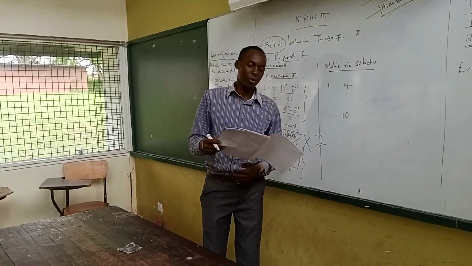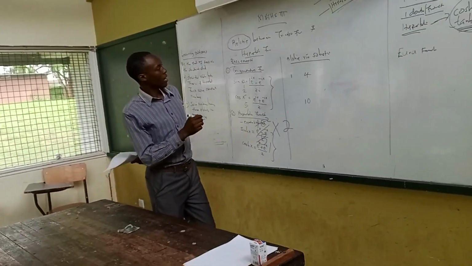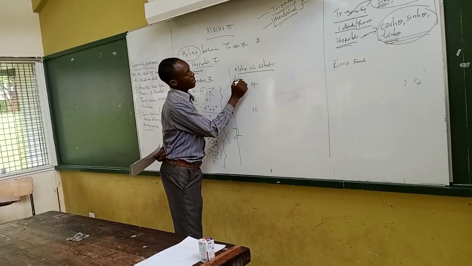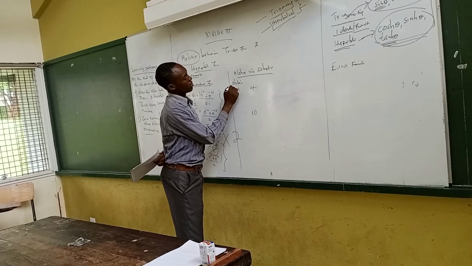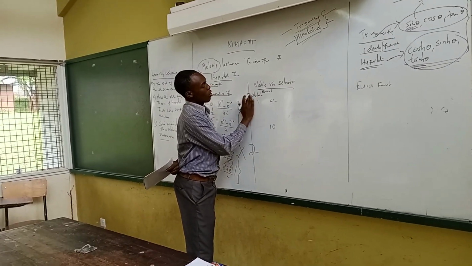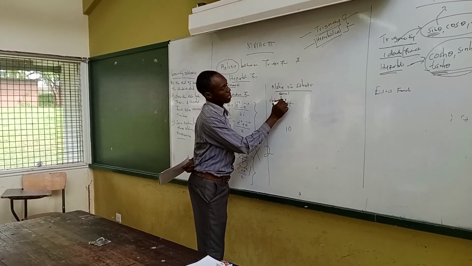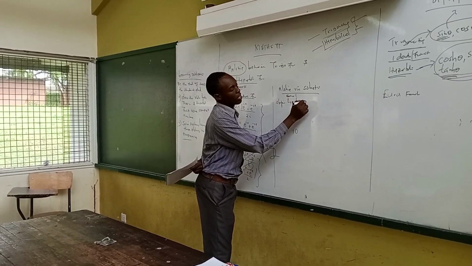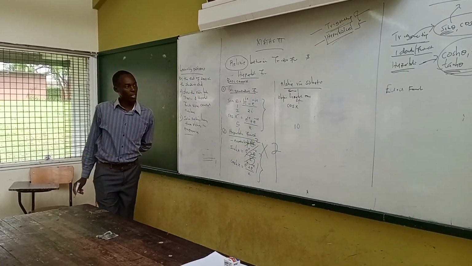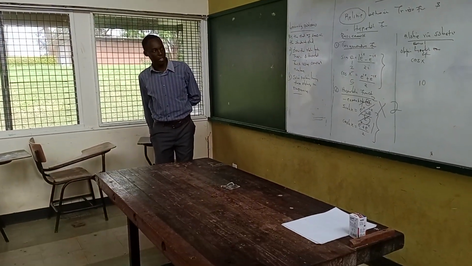Now, for example, let's look at example 1. You can be told, obtain the hyperbolic equivalent of cos x.